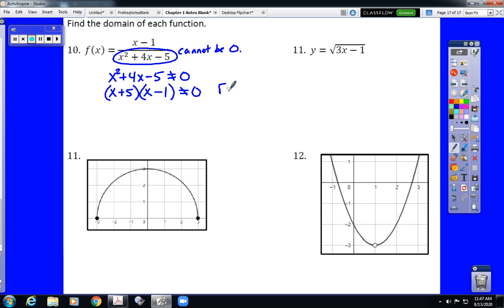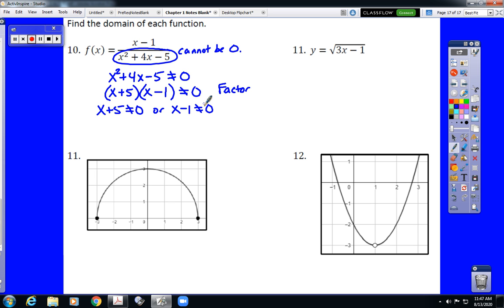Then the zero factor theorem says that either the first factor does not equal 0 or the second factor does not equal 0. And don't get that or confused with the union symbol, because that is not ever going to be used in this case. It'll always be the and symbol when we describe domain.